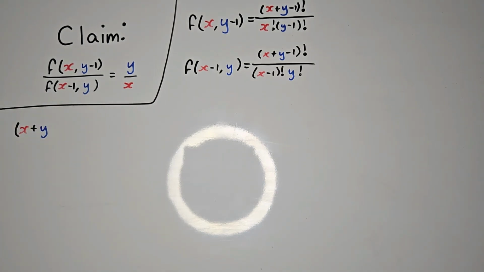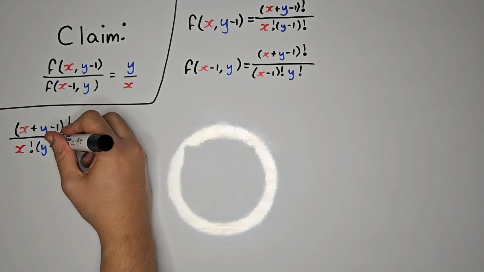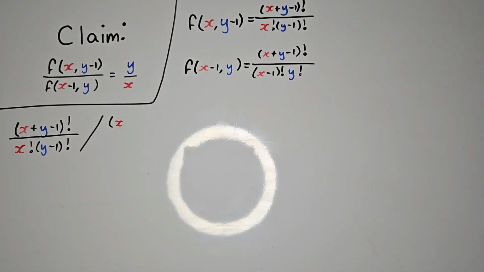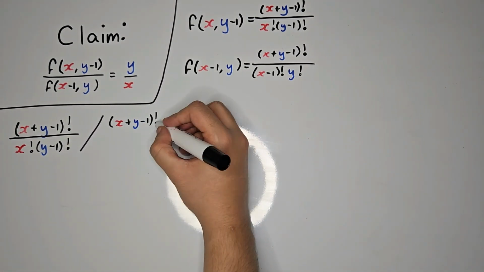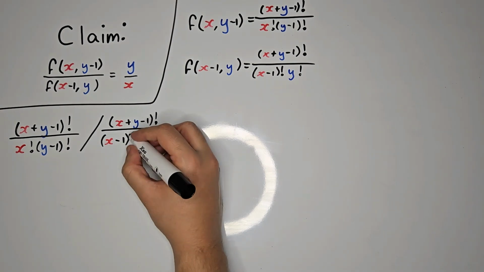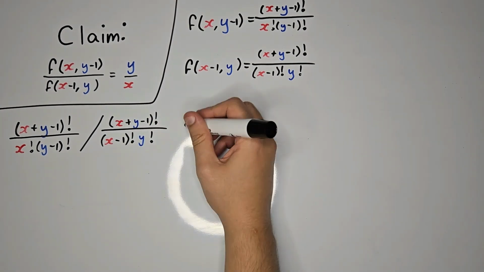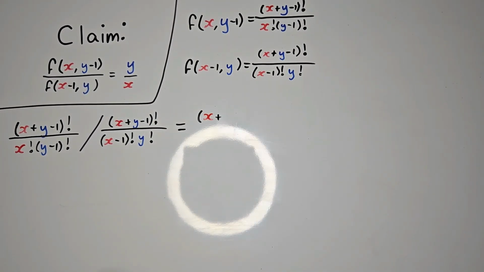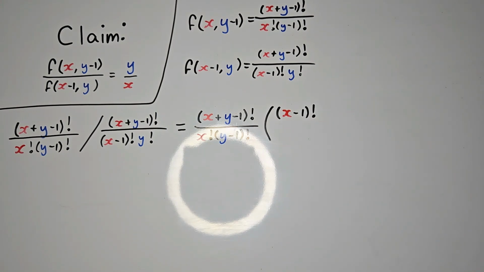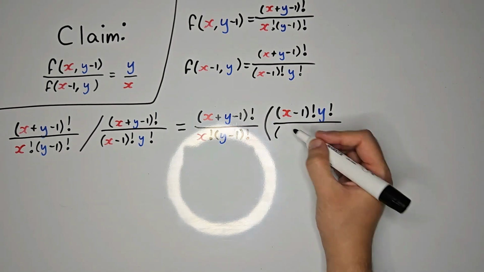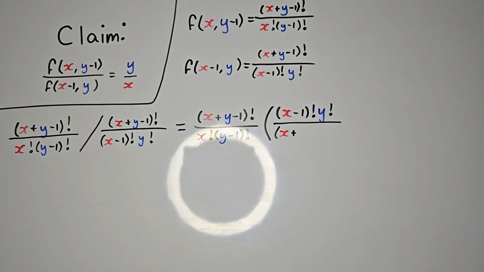For this step, we can use the fact that dividing by a number is the same as multiplying by its reciprocal. Using this fact, we are able to show that f of x, y minus 1 divided by f of x minus 1, y is equal to x plus y minus 1 factorial divided by x factorial times y minus 1 factorial times x minus 1 factorial times y factorial divided by x plus y minus 1 factorial.